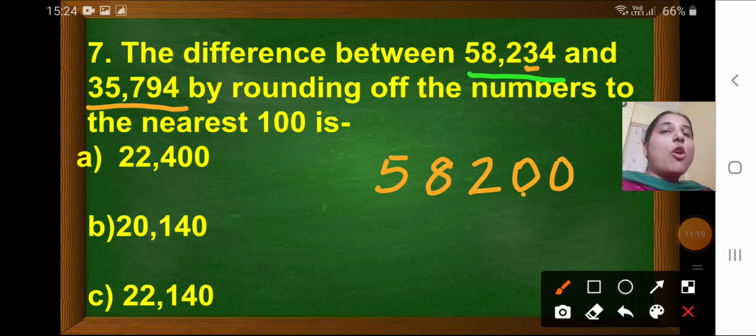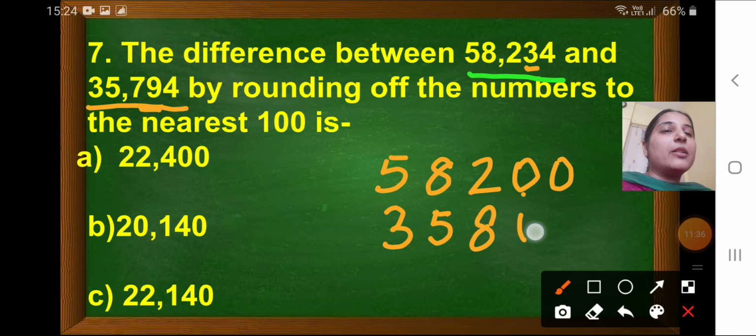So to round it off to nearest 100, look at the digit at the tens place. What is the digit here at the tens place? 9. So what will be the round off of 35,794? It will be 35,800.